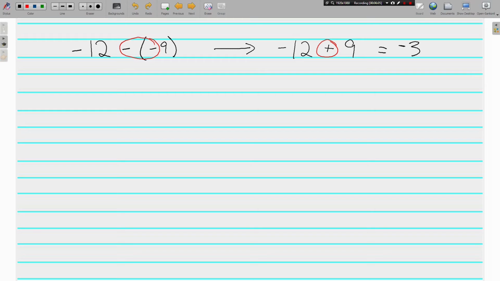So if adding a negative is the same thing as subtracting, then subtracting a negative is the same thing as adding.